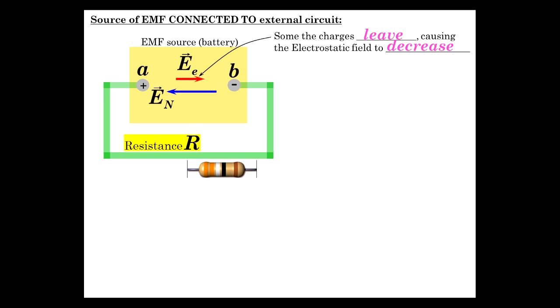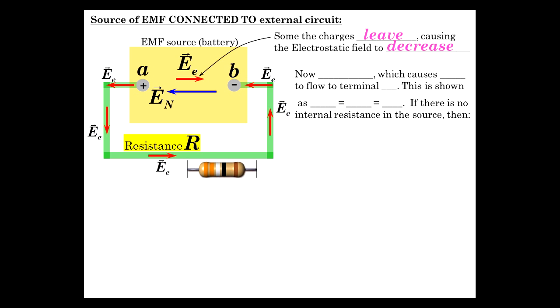And so now the electrostatic electric field is less than the non-electrostatic field, which is a constant. It's based on the tendency or ability to separate charges, push on charges chemically in this case, chemical forces, which is electromagnetic as well, but doesn't really matter.